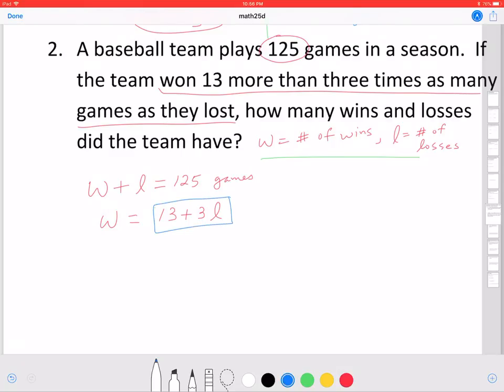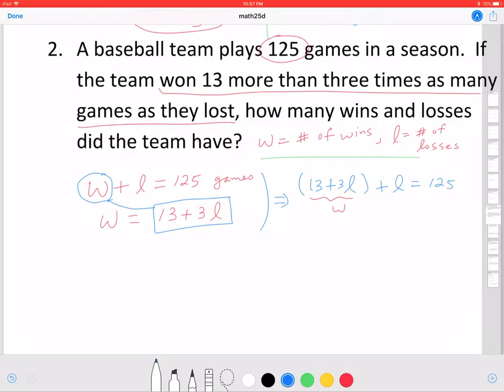Since that is W, I'm going to replace the W in the first equation by that expression, and what that turns out is an equation like this: 13 plus 3L, that's my W, plus L, the number of losses, should equal 125. I don't really need parentheses right there, but I want to emphasize that what's in the parentheses is indeed the W. Right?